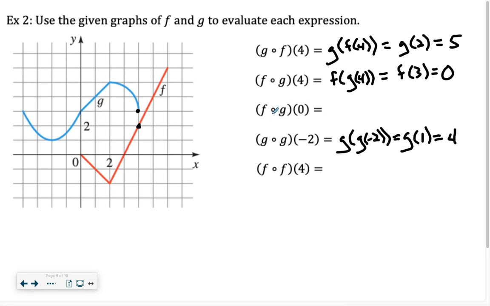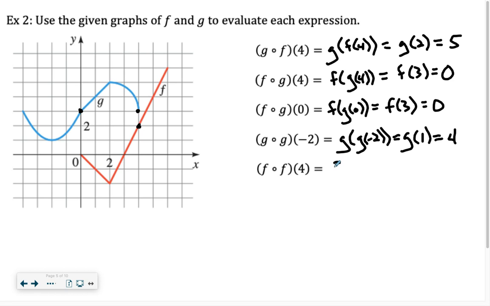All right, so f of g of 0. At 0, g is equal to 3. Well, we actually already evaluated f of 3, right? f of 3 was equal to 0.